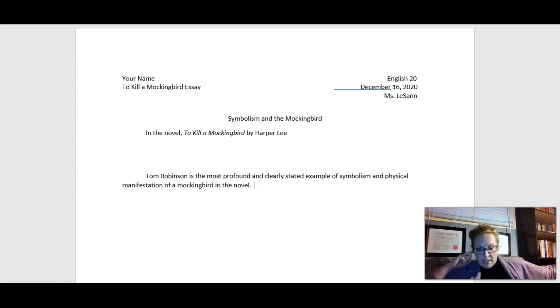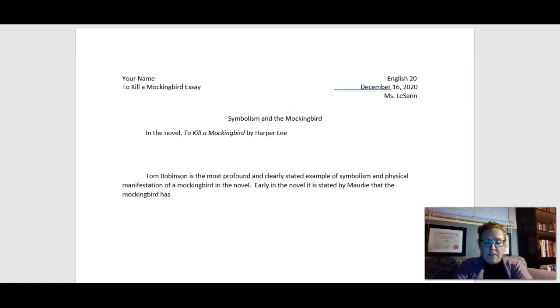So I might say something like, I might have this earlier on, but early in the novel, it is stated by Jem or Scout, actually, it might be Maudie, that the mockingbird has blank quality, and Tom possesses this in abundance.